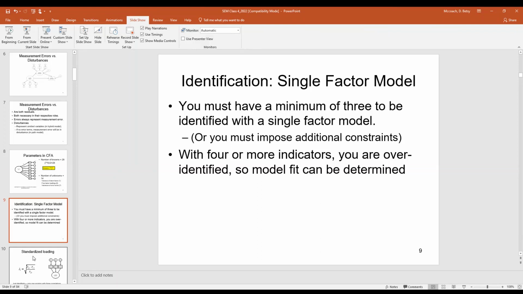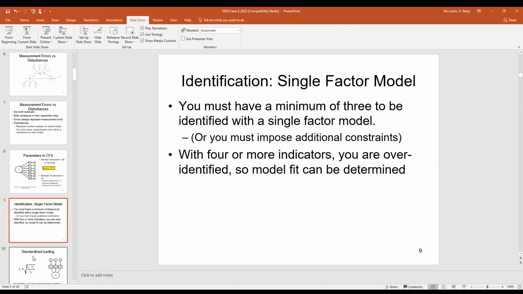Theoretically, that's a pretty lame factor. But if you wanted to fit a single factor model with 2 indicators, you could do it. What you would have to do is constrain the 2 factor loadings to be equal to each other, and by doing that, you'd be just identified and able to fit that model.